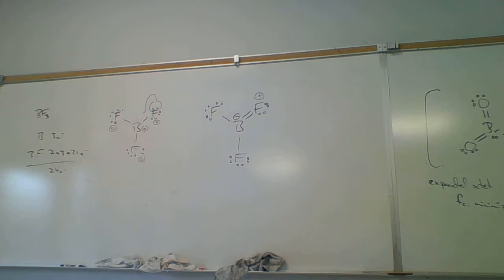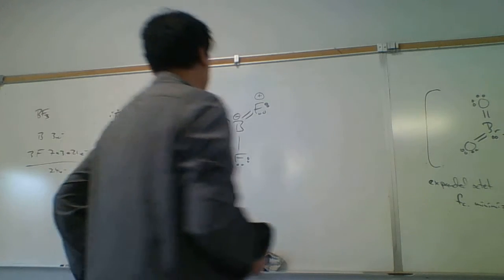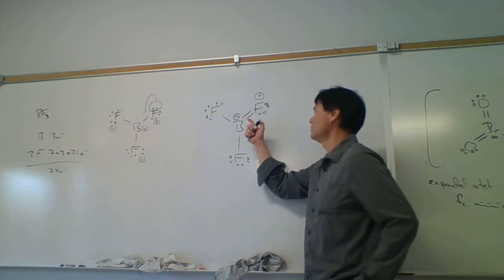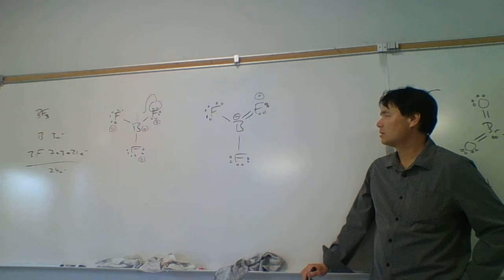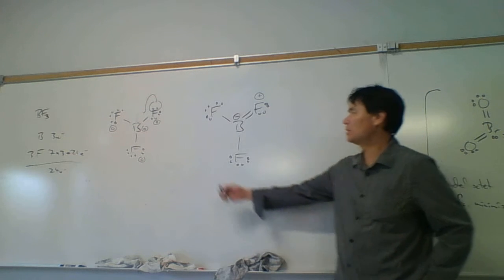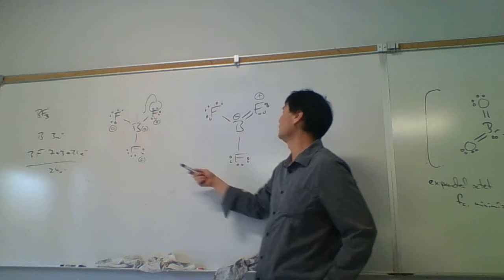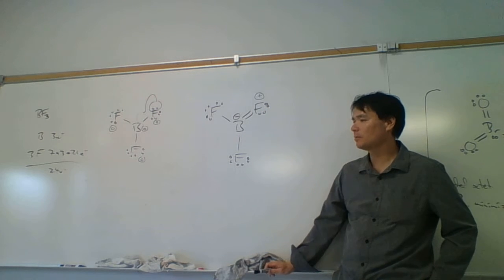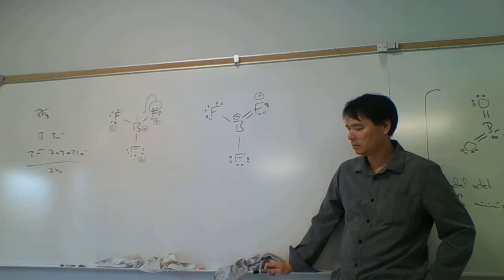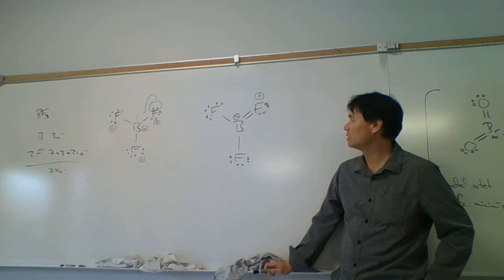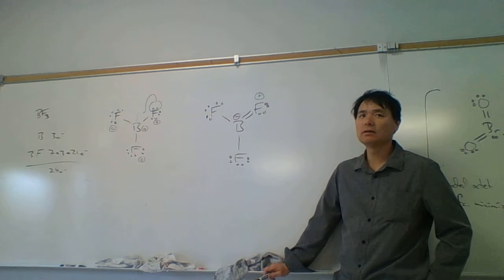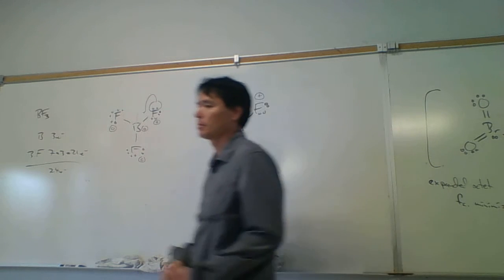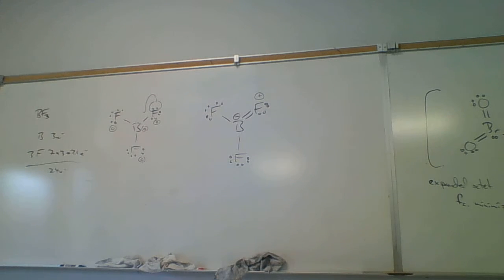So essentially this is what's happening. In order to give boron an octet, fluorine has to lose an electron to sharing. That lone pair used to belong entirely to fluorine, but now it's going to be a bonding pair. The bonding pair has to be shared. And so in other words, fluorine is giving up an electron to boron.